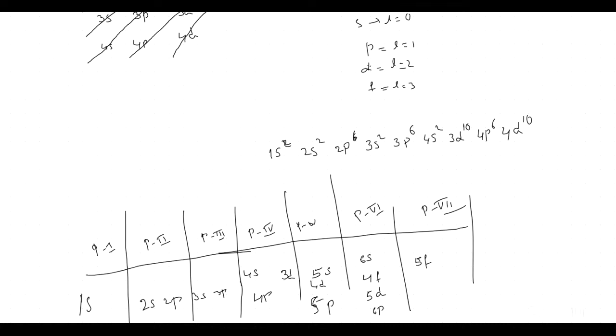In this rotational spectrum, we are observing heteronuclear diatomic molecules. And here the energy range is 0.01 electron volt.